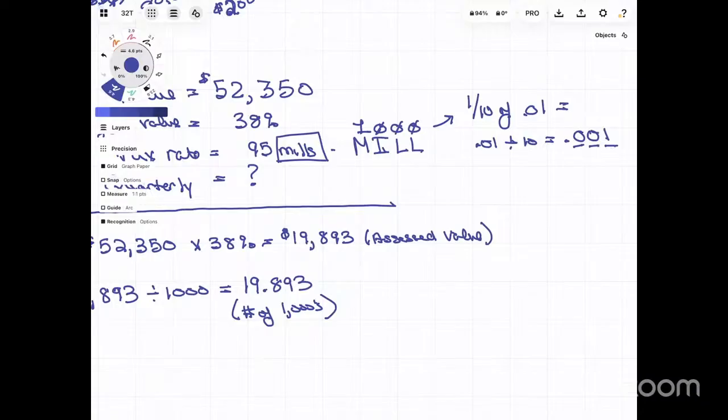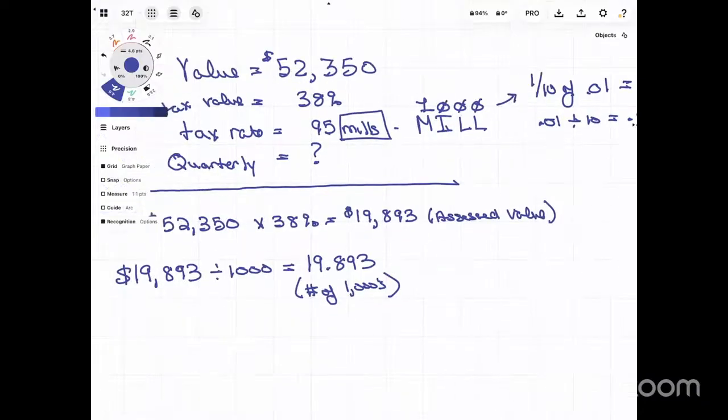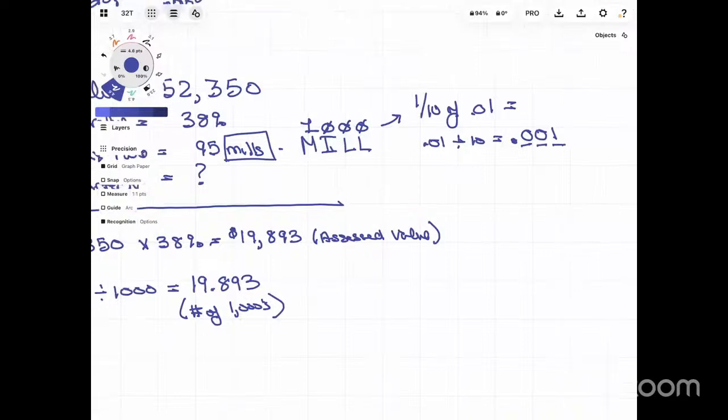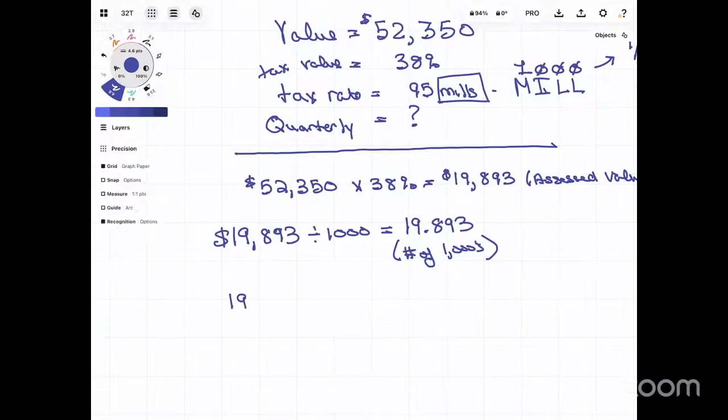That's why you're dividing by 1,000, because this is a decimal, so we're trying to make it smaller. We're doing a smaller piece. So if we got 19.893, I can multiply that by the 95 now, and that's going to give me $1,889 and let's call it 84 cents. That is the total tax amount.